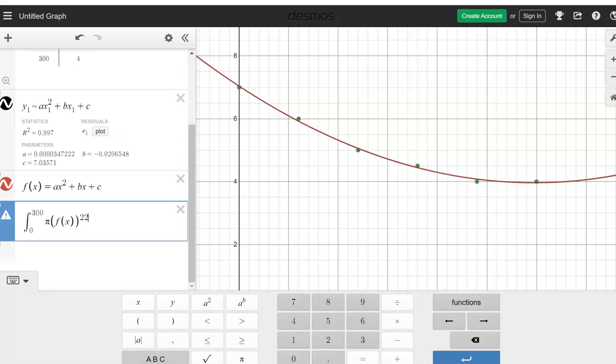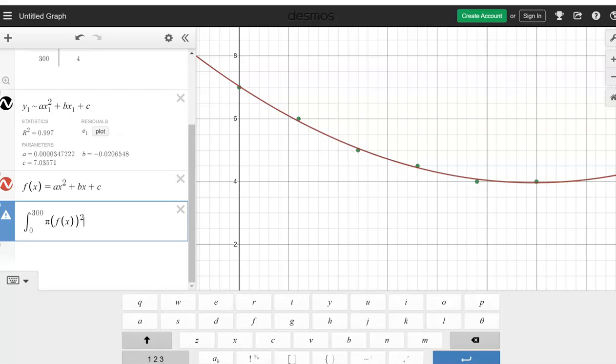So there's pi r squared, and the height is the dh I was using on paper, but we're now going to call it dx for the sake of Desmos. And bammo, 24,158. Let's call it 24,158.